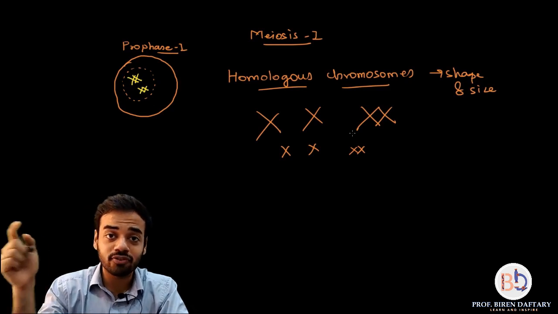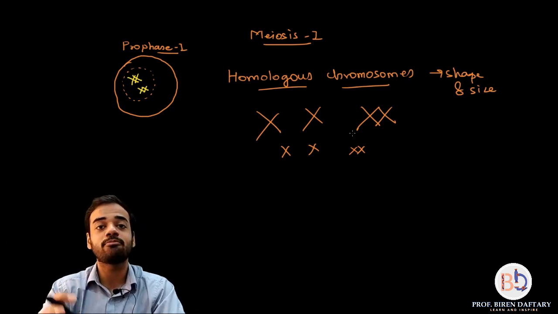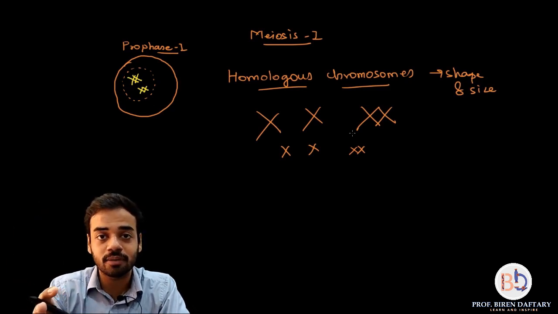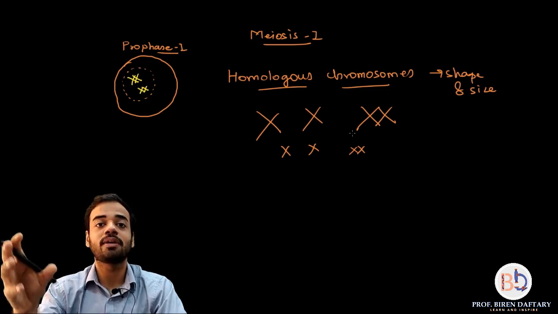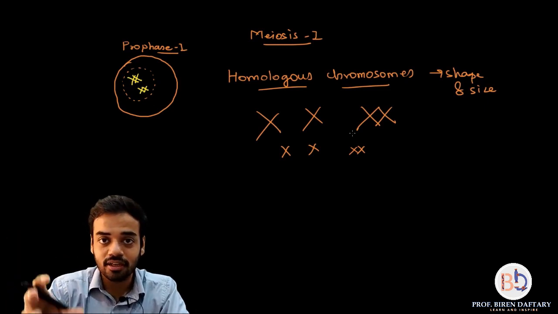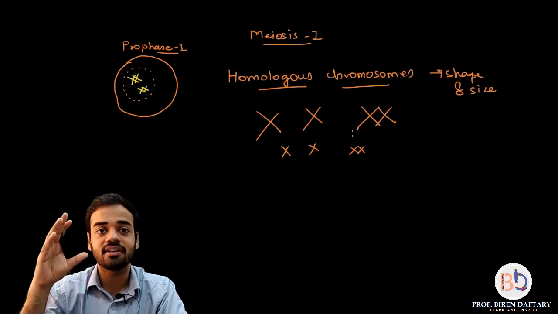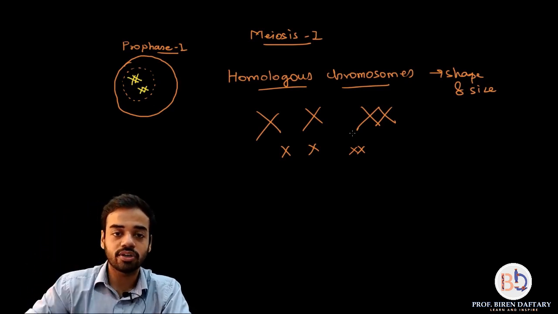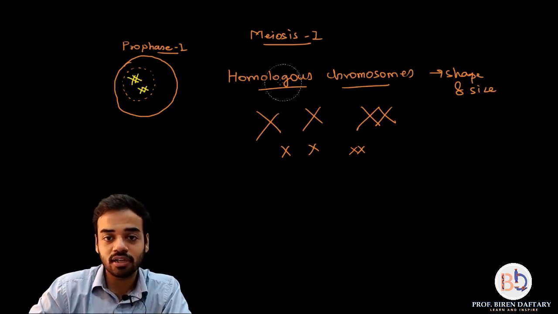But I am just going to show you what is happening in prophase 1, because today I want to make this process of meiosis clear. If this is clear, then prophase 1 becomes easier to understand. Is this clear? Okay, so let us resume back to the lecture.